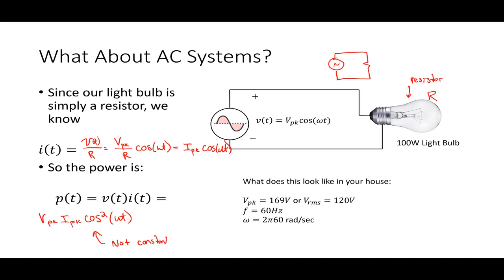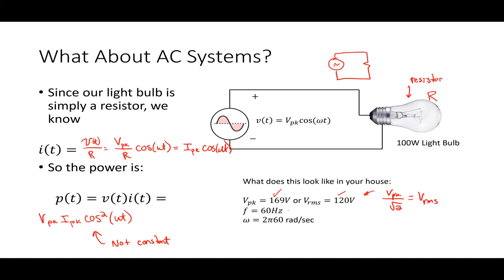Now we're going to take a look at it in a particular example. We'll do like we did for the house. V peak is about 169 volts. The RMS value is about 120, and if you do V peak divided by square root of 2 to get VRMS for these numbers, you'll see that's about correct.